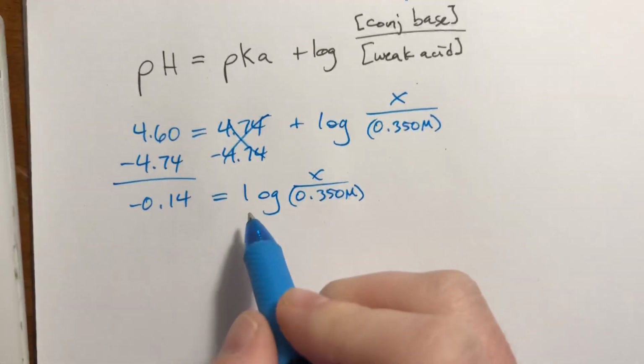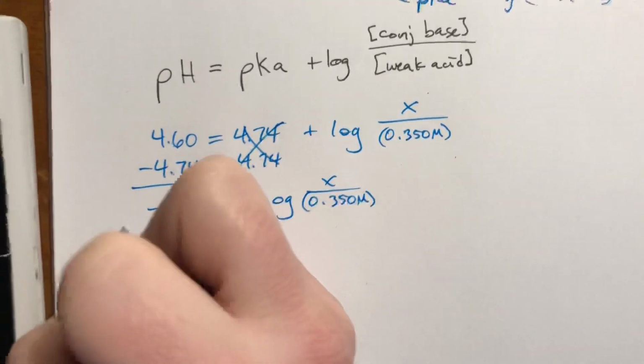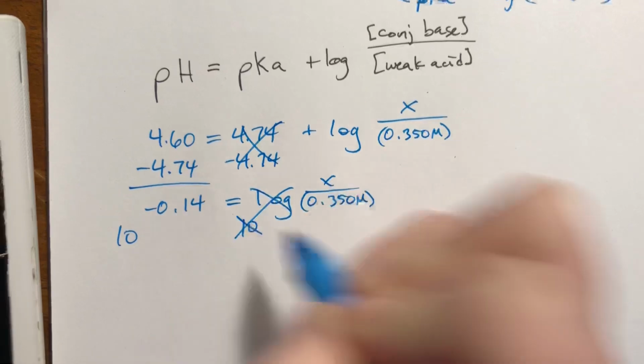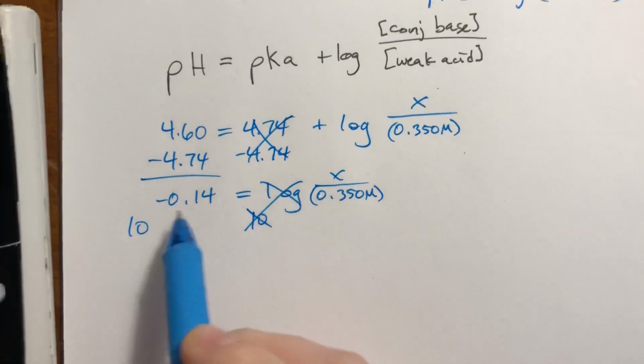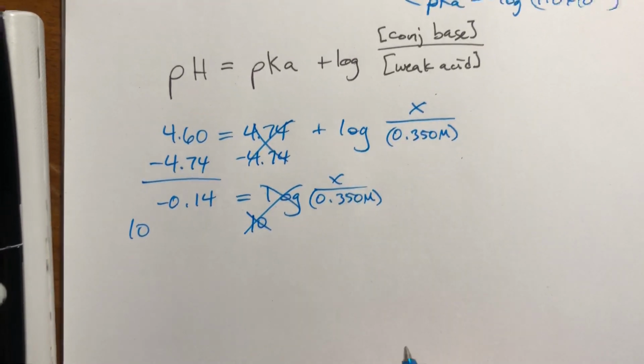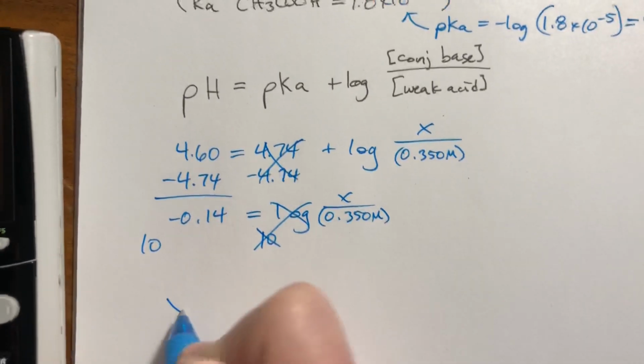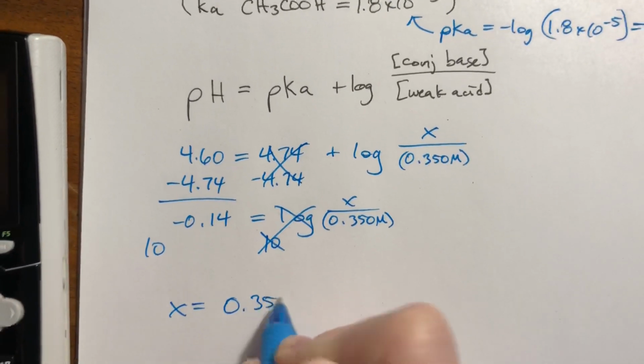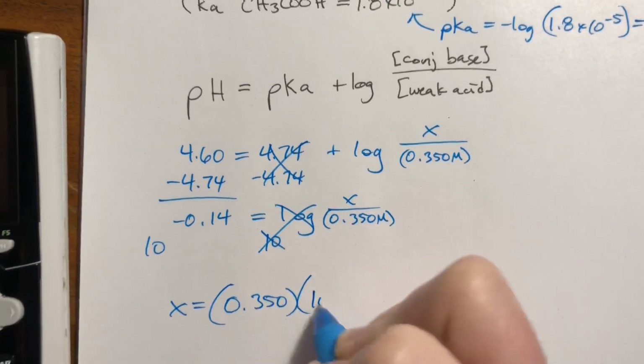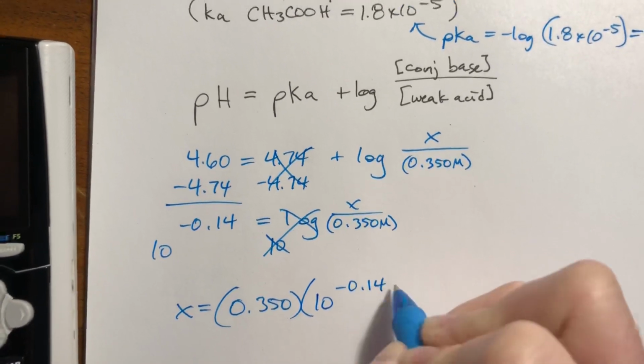So we need to get rid of this logarithm, so we're going to do 10 to the whatever on both sides. That goes away, and this side is 10 to the negative 0.14. And then we multiply 0.35 to the other side. So X is equal to 0.350 times 10 to the negative 0.14.